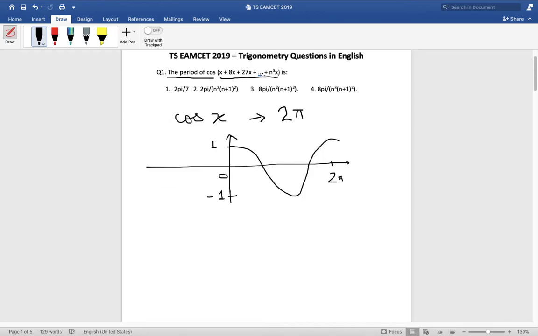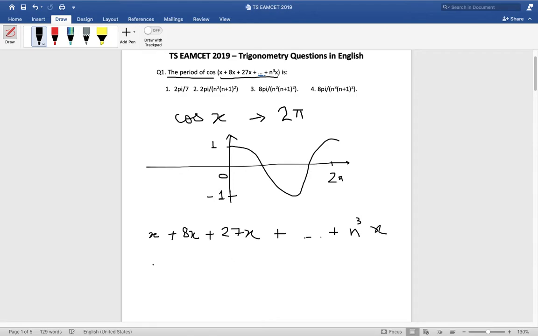So we need to first solve this series. The series is x plus 8x plus 27x plus dot dot dot n cube x. So this is just a cubic series, right?